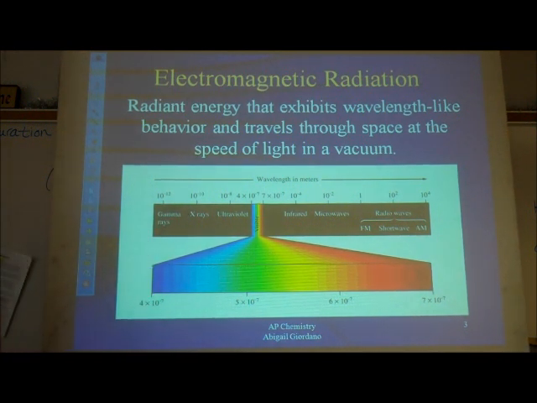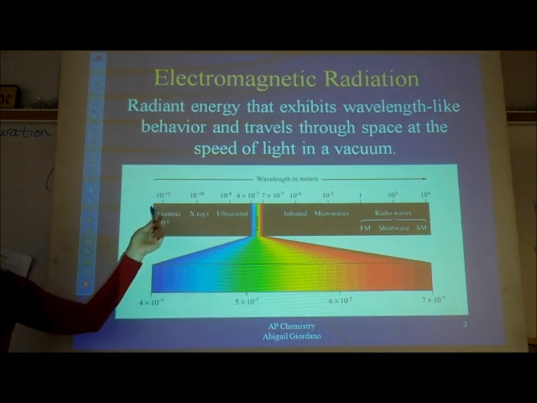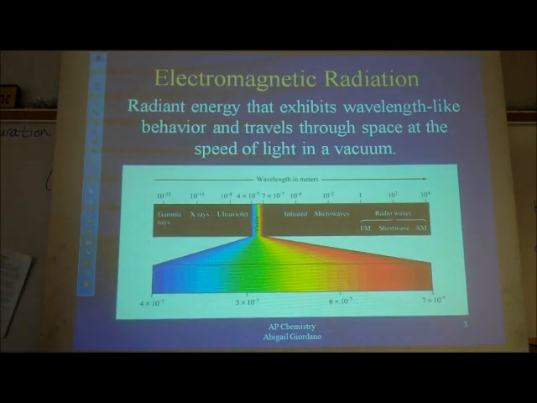Gamma rays, that should be familiar to you. Back in Chem 1, we talked about nuclear radiation. Do you remember alpha, beta, gamma decay? This is a type of radiation that is released when things go through nuclear decay. Very easy example.